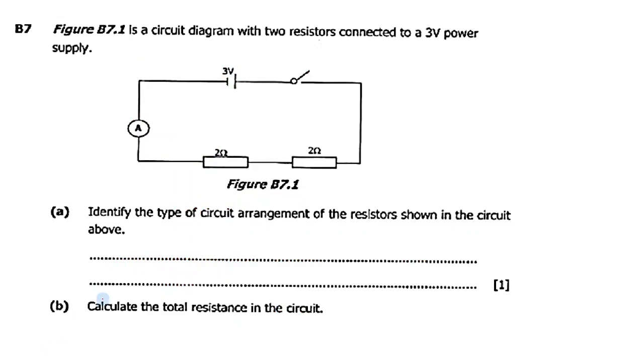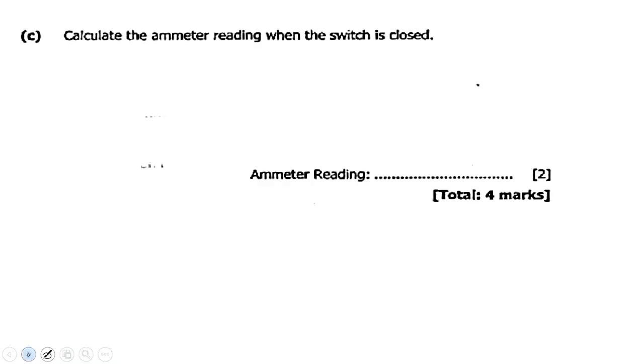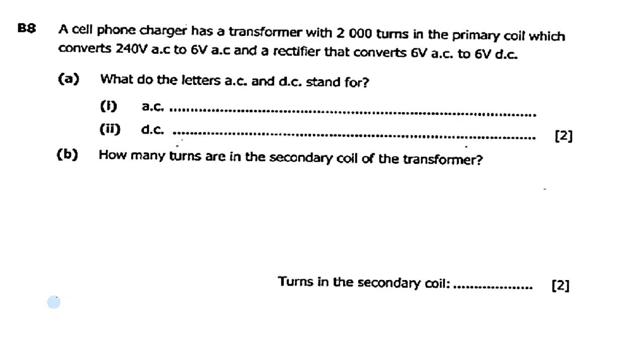Then we'll come to this one here. This one I think is simple. I want to see some other questions here. A cell phone charger has a transformer of 200 turns in the primary coil, which converts 240 volts AC to 6 volts AC, and a rectifier that converts 6 volts AC to 6 volts DC.